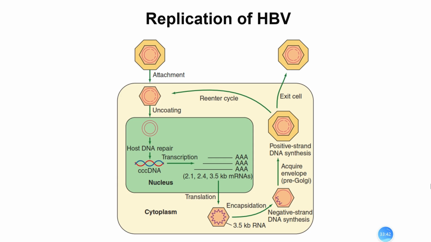So finally, you would have a partially double-stranded DNA genome. And when the HBV virion particle matures, it can be released from the host cell. So this is roughly a simple life cycle of HBV. That is why you should understand how it utilizes the polymerase for its maturation.